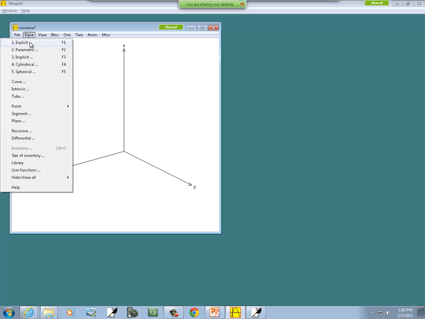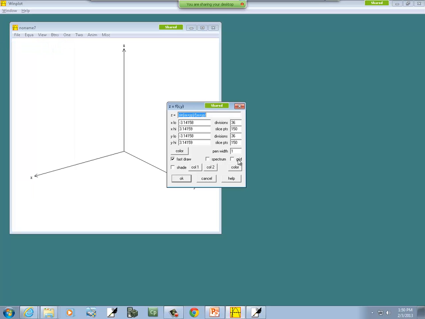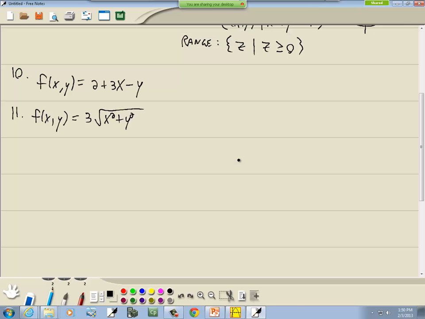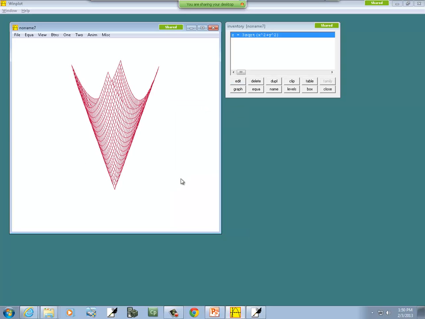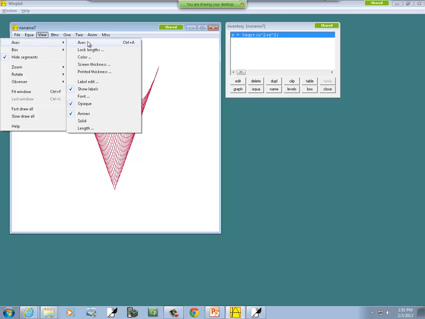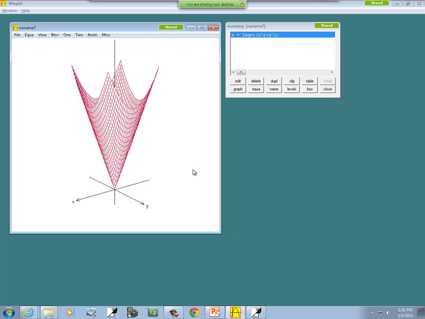And then choose equation, explicit. 3 square root of x caret 2 plus y caret 2. Click OK. And now do view, axes. Looks like that. Okay.